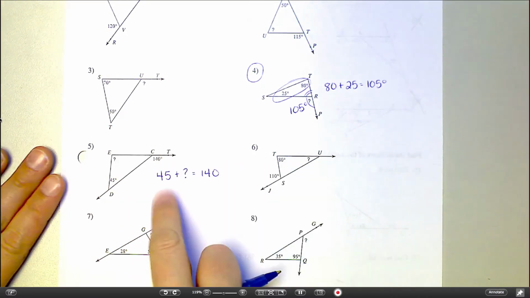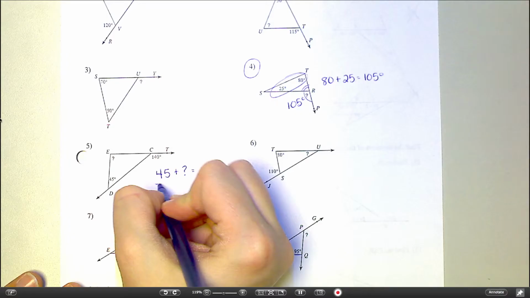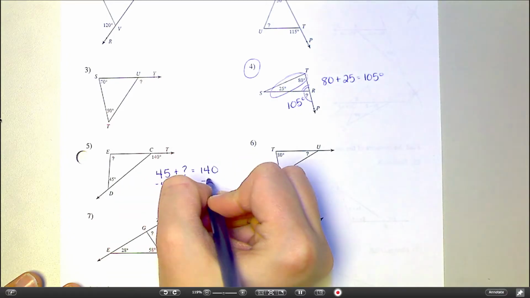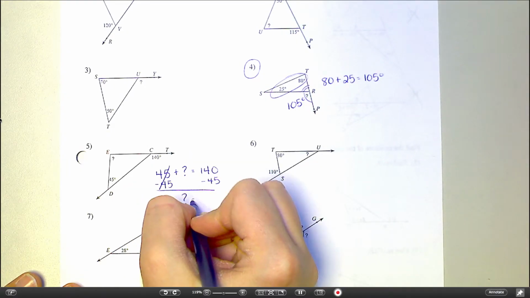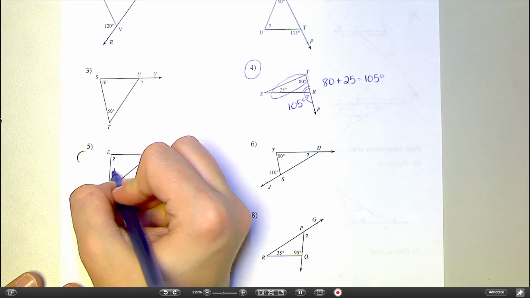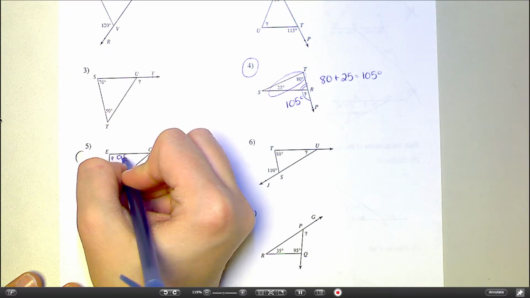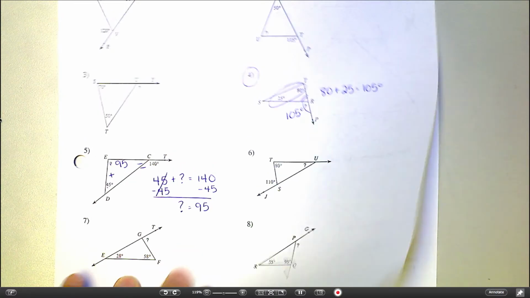Well, this is the same as just like 45 plus x equals 140. And then I would subtract the 45, subtract the 45, and you end up with 95. Question mark equals 95. Because 45 plus 95 equals the 140. Okay? All of that okay?